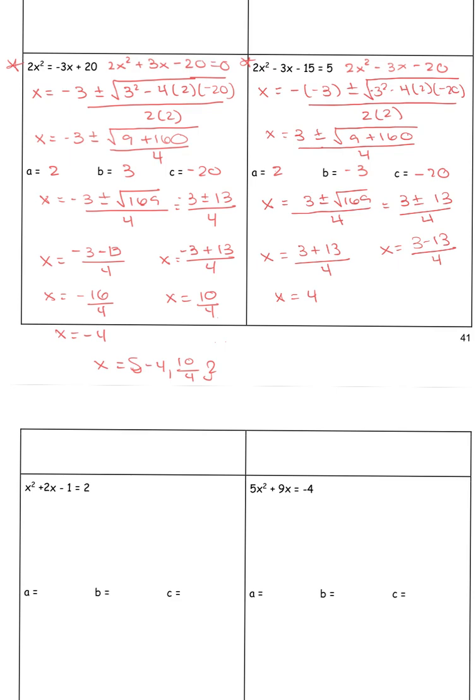And then you have 3 minus 13, and you have -10 over 4. So our factors are x equals -10 over 4 and 4, okay?